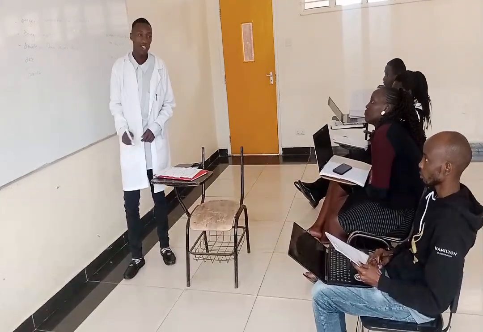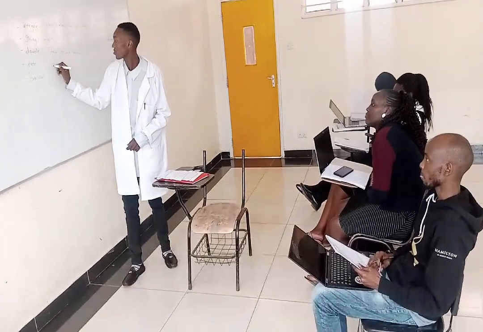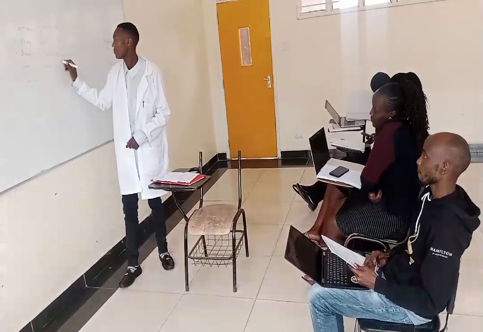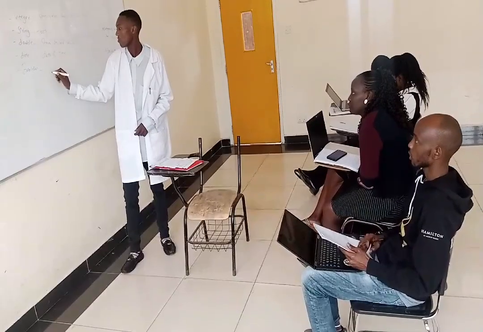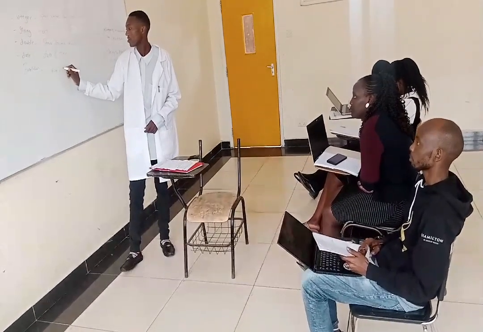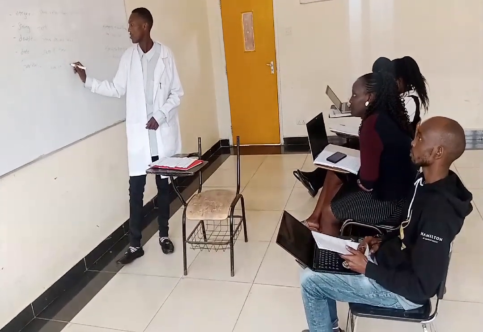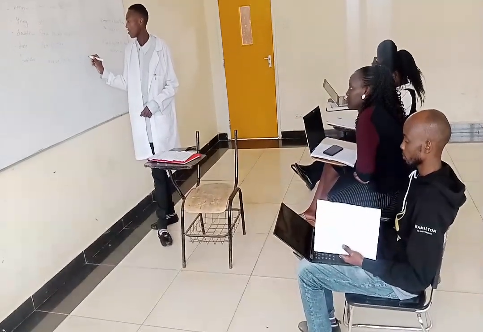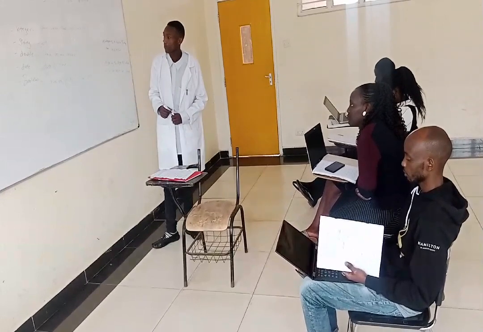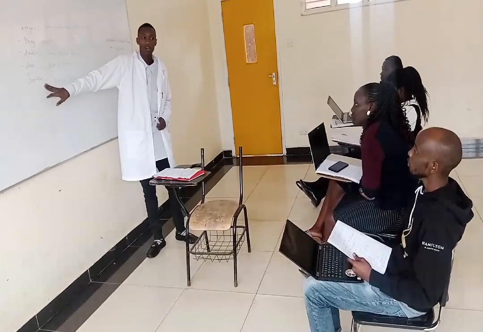And then the date is used to store date and time. Then we have Boolean, which is used to store true or false, or yes or no. Things that require a response are stored in Boolean.